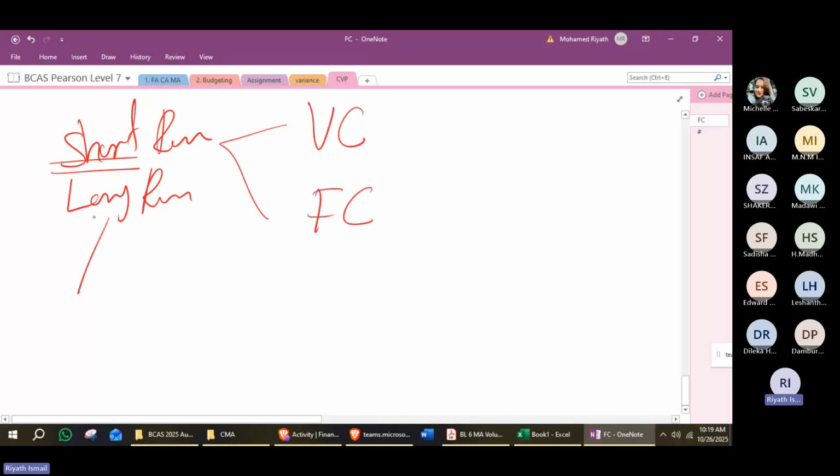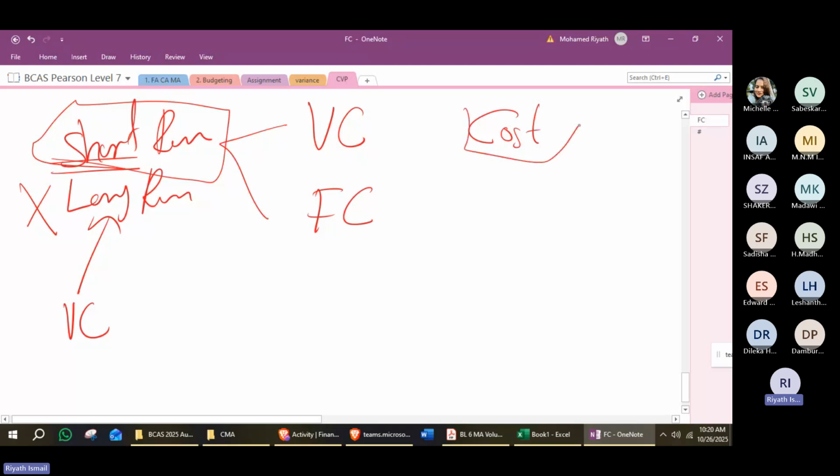In the long run, all costs are variable costs, therefore we couldn't consider anything here. So we are discussing the short run now. In the short-term decision, we have to classify the cost based on behavior.